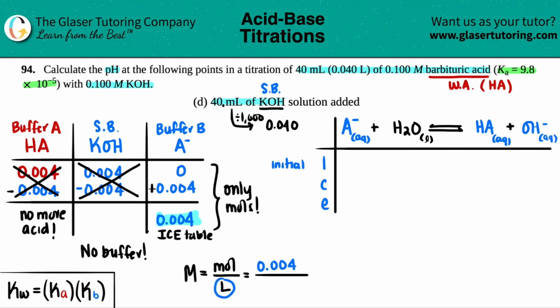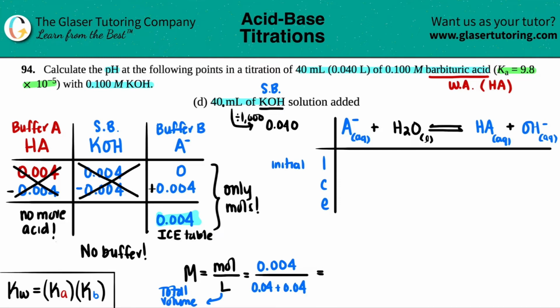But now the liters are going to change because you're mixing 40 mL with 40 mL. That's a total of 80 mL. When we're talking about liters down here, we're talking about the total volume. So you have to combine the 40 and the 40. Literally, it would be 0.04 plus 0.04, because now you have a total of 80 mL, aka 0.08 liters.